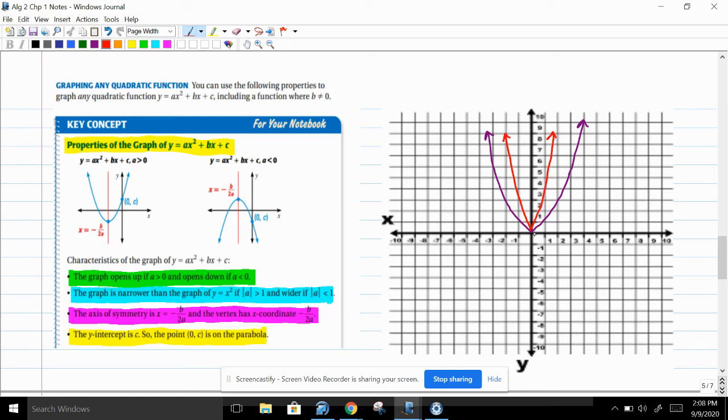The smaller the a value, the wider it's going to get. And then if a is negative, that's just going to make my graph flip over. But you're going to see now the vertex is not necessarily going to be at 0, comma 0. That's going to change. Let's take a look at this last example.